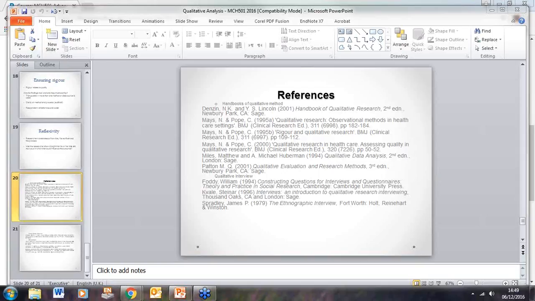So no, it's not problematic that it's all qualitative. Equally, it's not problematic if it's all quantitative, and it's not problematic if it's mixed. You just need to demonstrate that you understand what's happening and why things are happening that way. So hopefully that answers your question.